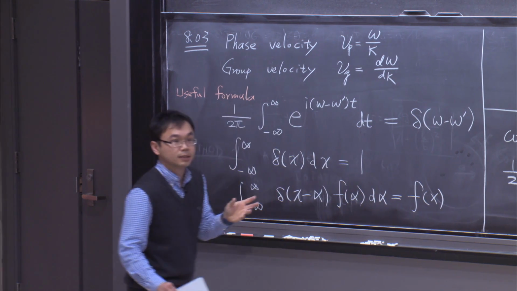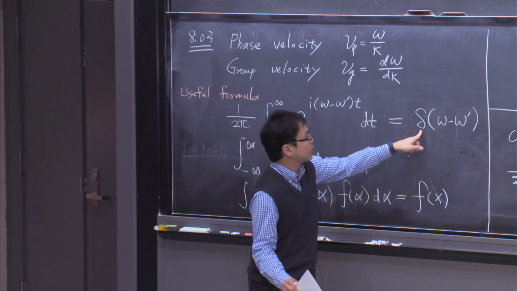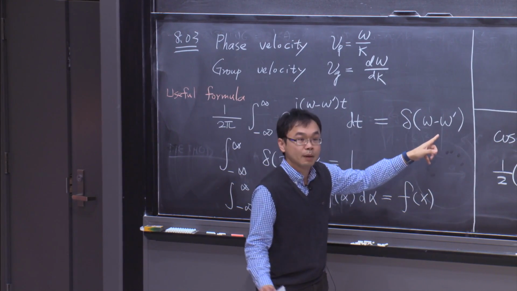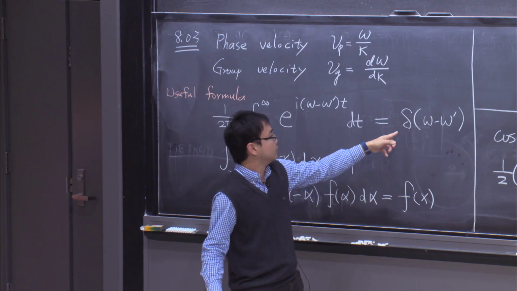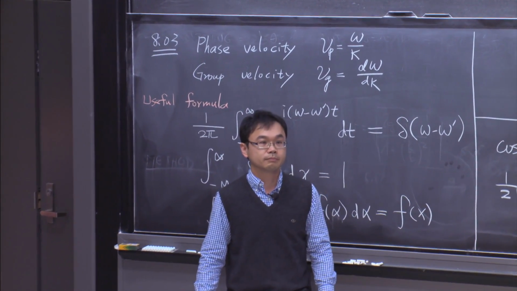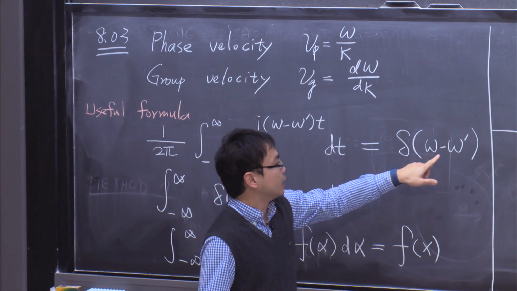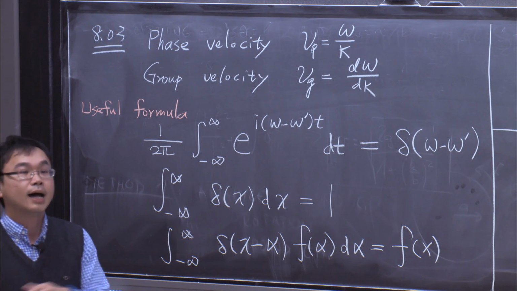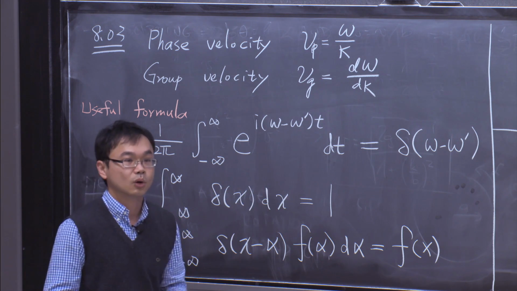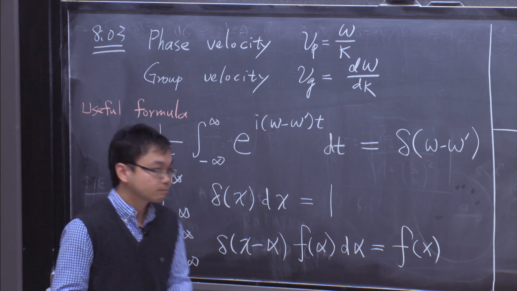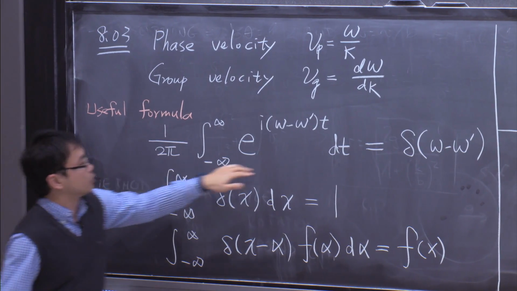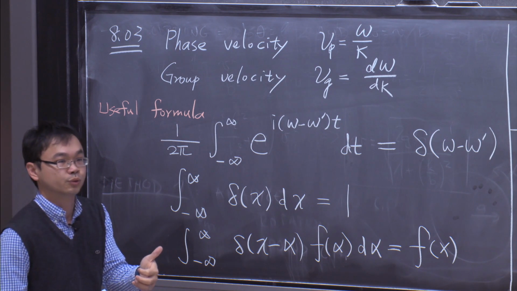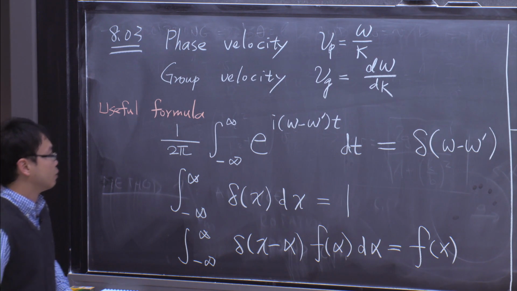This functional form tells us that when omega is equal to omega prime, this function goes to infinity, and only then is it non-zero. In all other places, this function is always 0. And this strange integration gives you this delta function. So that's the first useful formula.